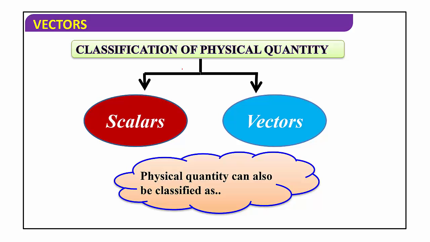About these two types you have studied in chapter 2, that is units and measurement. But physical quantity can also be classified as scalars and vectors. Scalars and vectors are the two types of physical quantity.